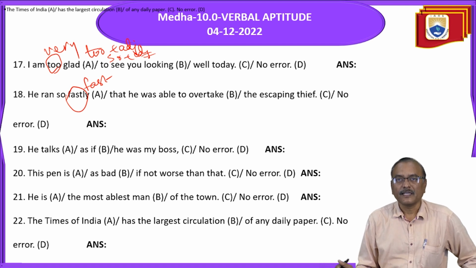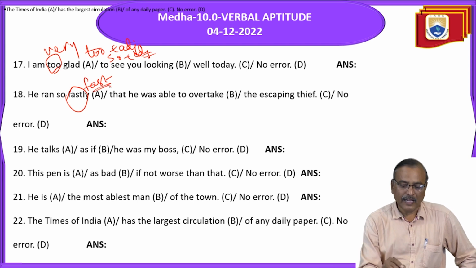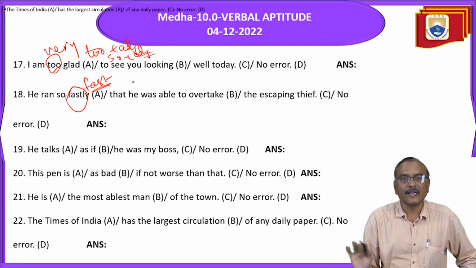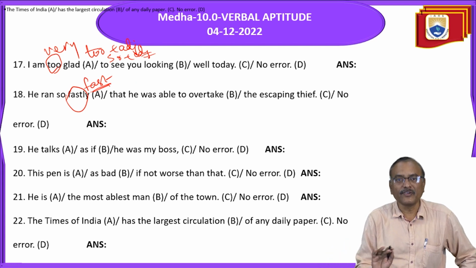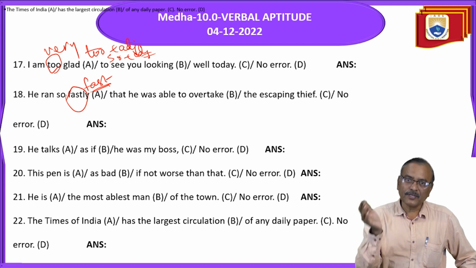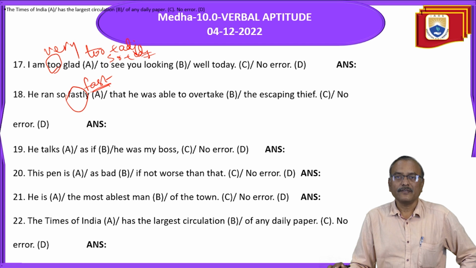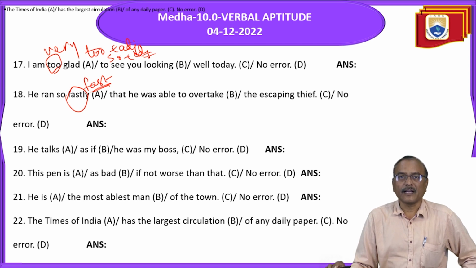Is it clear? In adverb form also, we use fast only, not fastly. There is no word like that. Fast is adjective and also adverb. Right? So, fastly is a wrong expression.